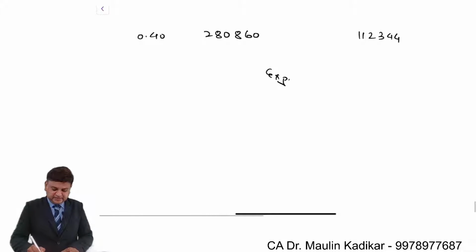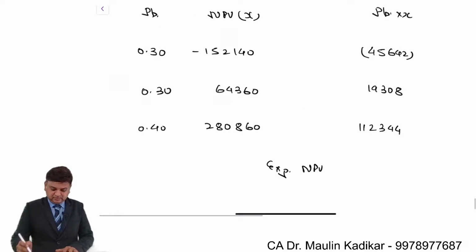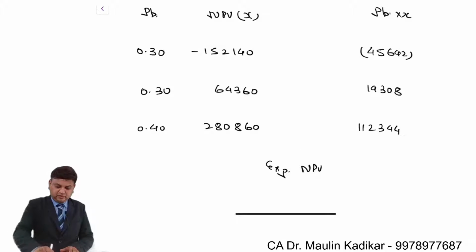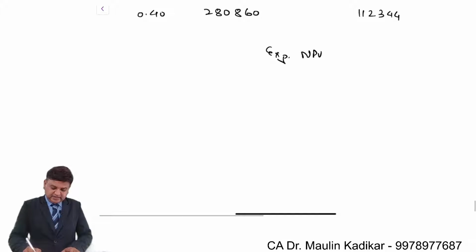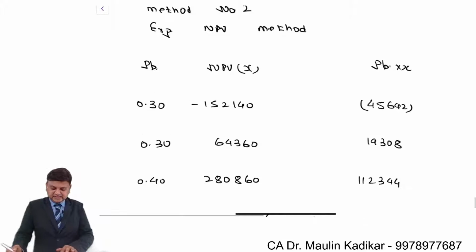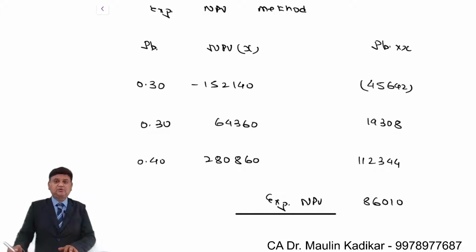And based on that, expected NPV can be calculated. So 112,344 plus 19,308 minus 45,642 comes to exactly once again 86,010. That is the way we can compute the NPV using the second method.